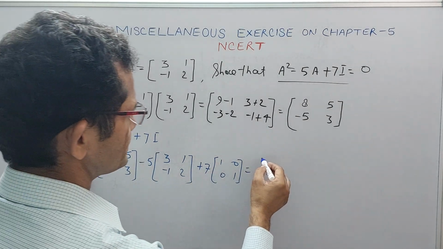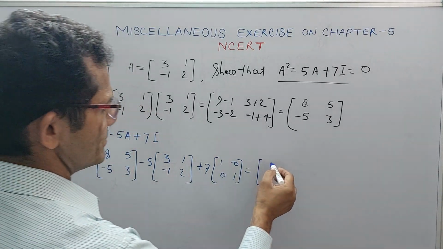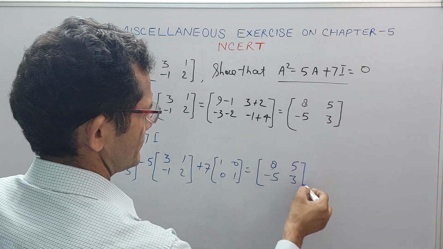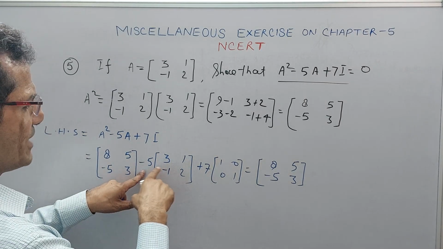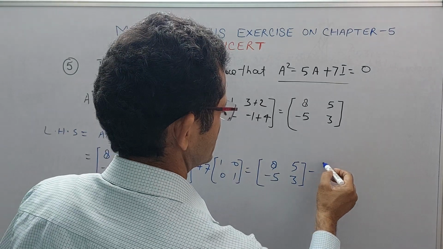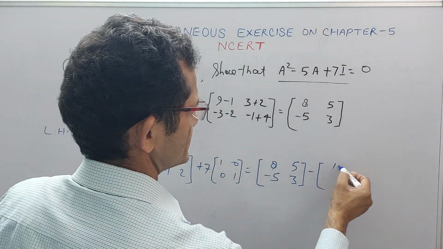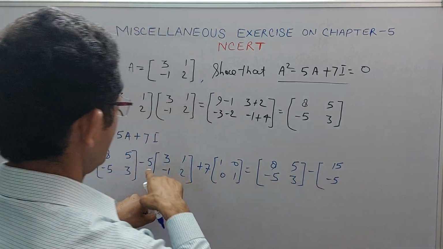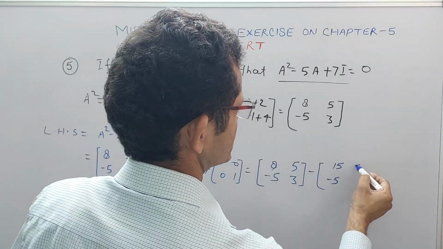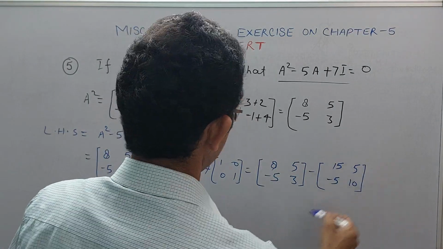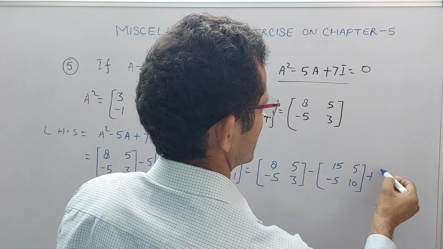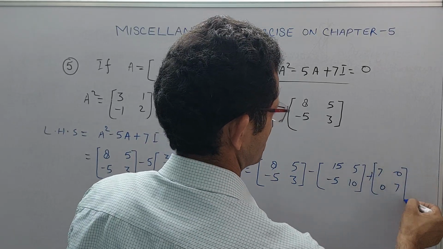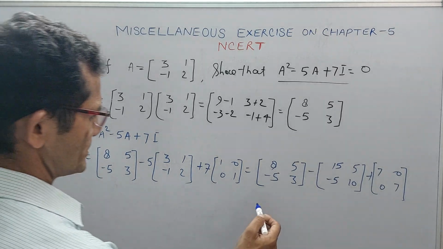So it comes out 8, minus 5, first column element, 5, 3 the second column, multiplied each entry by 5, 5 into 3 is 15, outside is minus, and this is 5 and this is 10, bracket is closed, multiply 7 and 0 and 7. So we have to prove this comes out to be 0. Now if you simplify this one, it comes out.